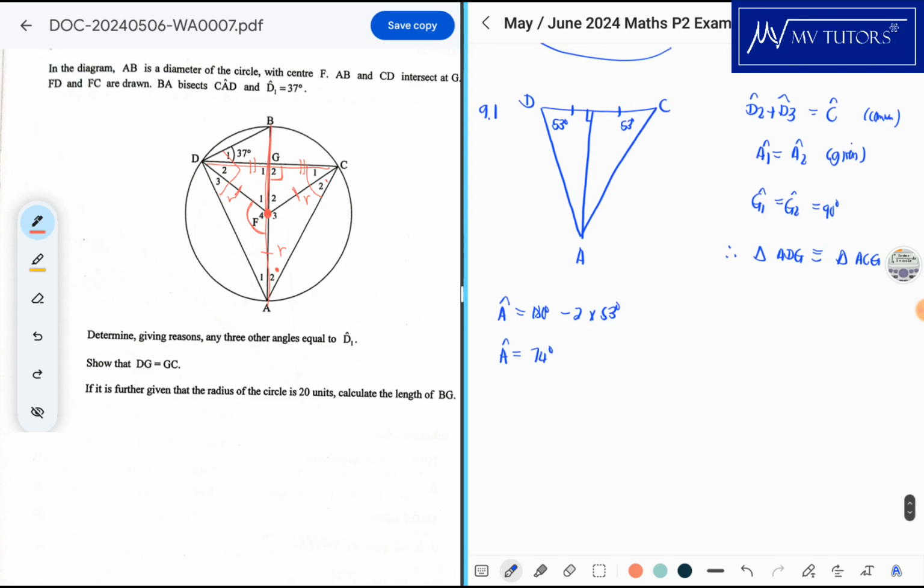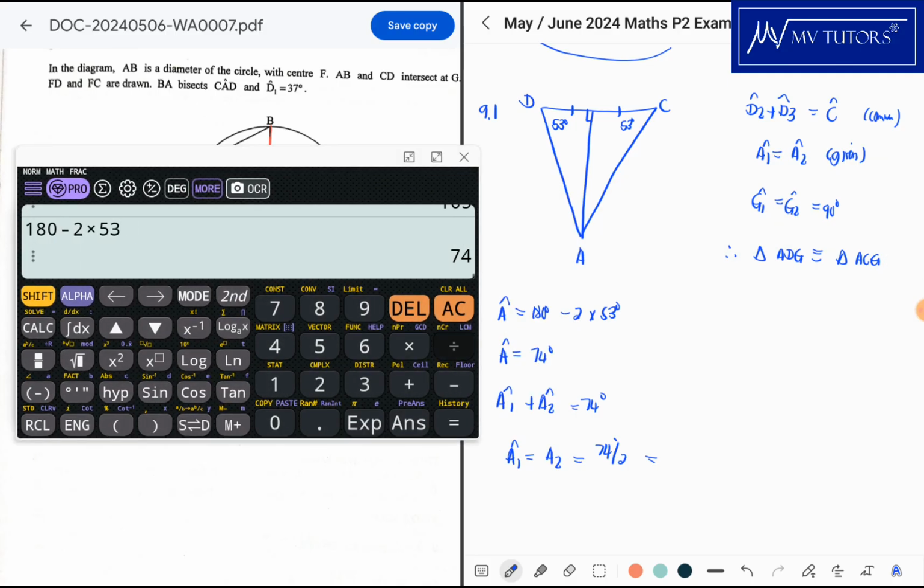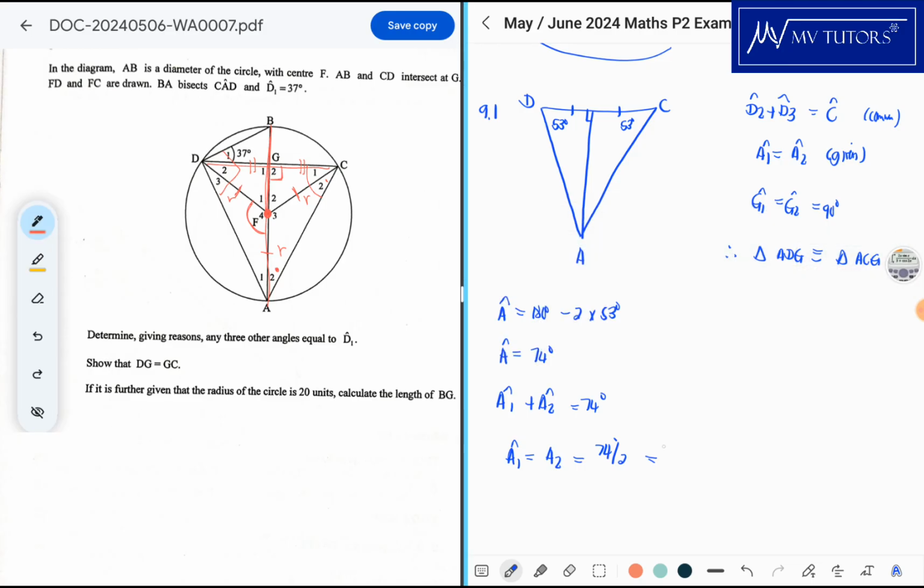And we said that A comprises A1 and A2, and we know that A1 is equal to A2. So that is equal to 74 divided by 2, which is 37 degrees. Yay.